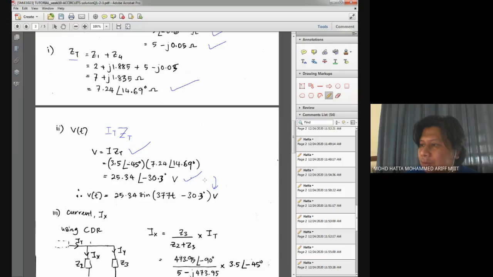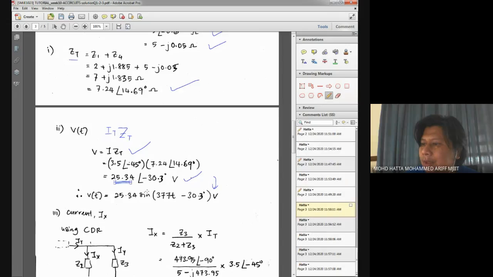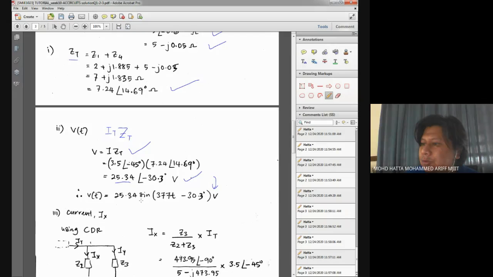For the conversion, we just take the magnitude and put it over here, and the sinusoid is in terms of a sine waveform. The omega is kept the same as we saw earlier for current, and the angle that we found here, we put as the phase angle of our voltage.